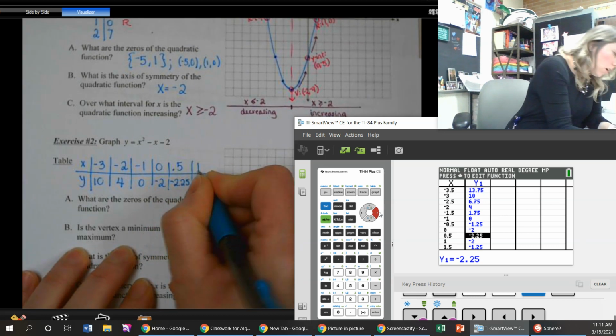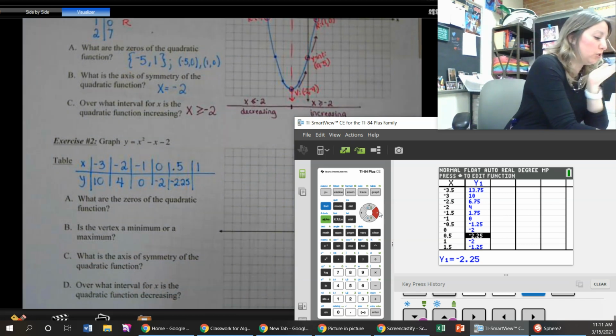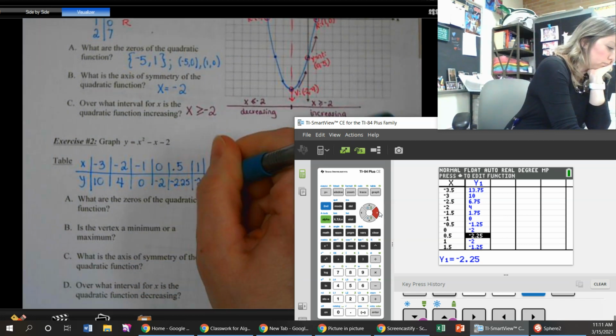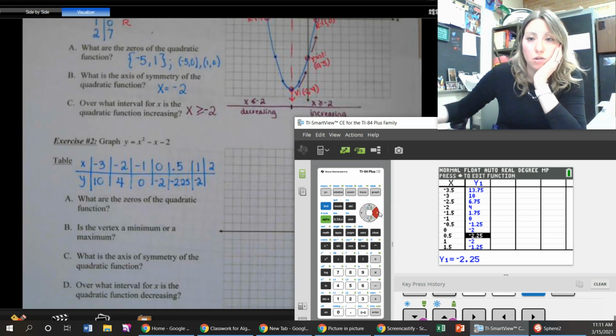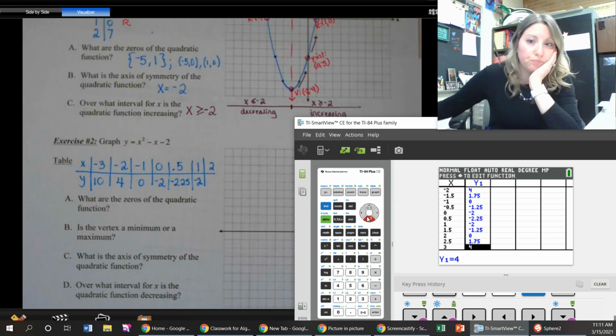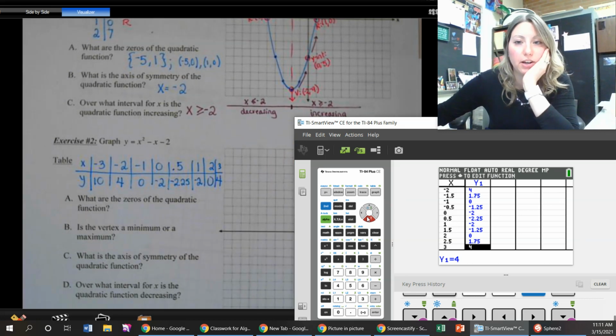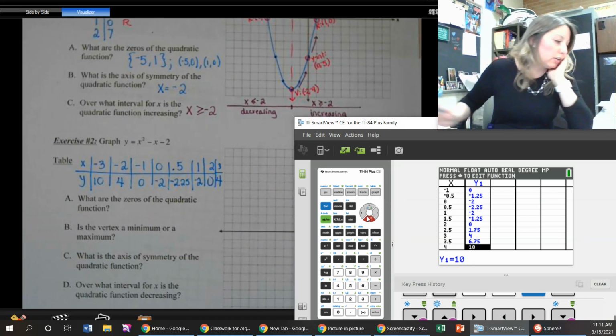Then we can go back to 1. I wrote a little too big here. 1, -2, 2, 0. So another root. 3, 4. And I believe it's 4, 10. Yep, there it is. 4, 10.